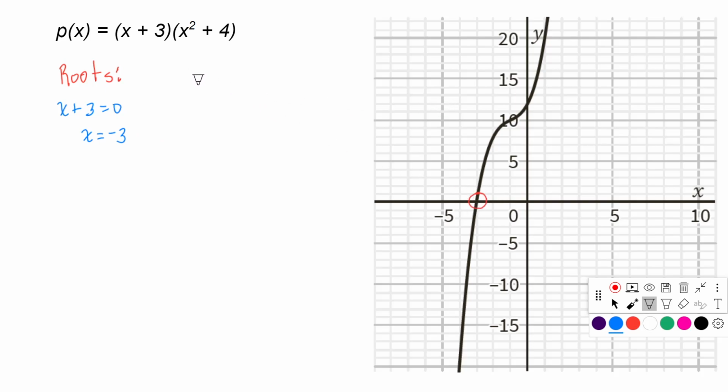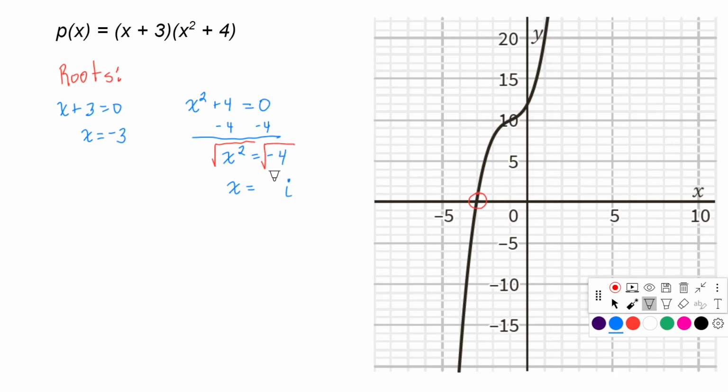Now for my other roots, I'm going to have to take x squared plus 4 and set it equal to 0. I'm going to subtract 4 from each side. So now I have x squared equals negative 4. Well, when I undo the squared by taking the square root, I end up with x equals, the negative inside the square root tells me it's going to be an i.